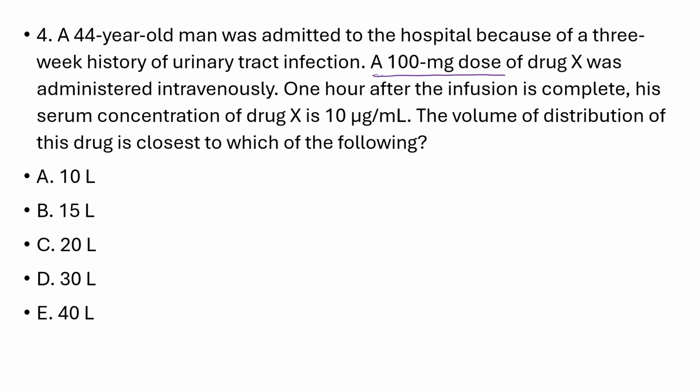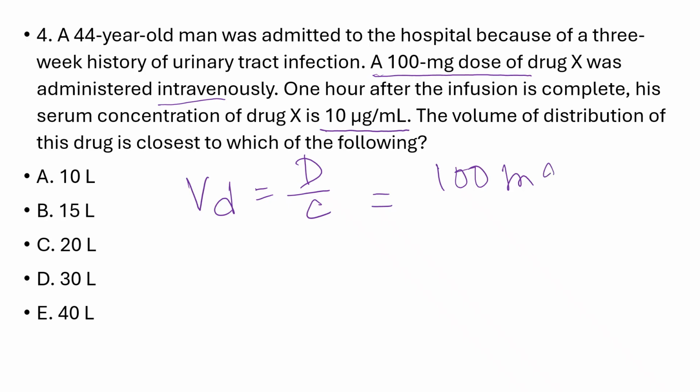Next one. A 100 milligram dose is administered intravenously, and 1 hour after infusion the serum concentration is 10 micrograms per ml. The volume of distribution is closest to which of the following? Volume of distribution equals dose over concentration. The dose administered is 100 milligrams and the concentration is 10 micrograms per ml.